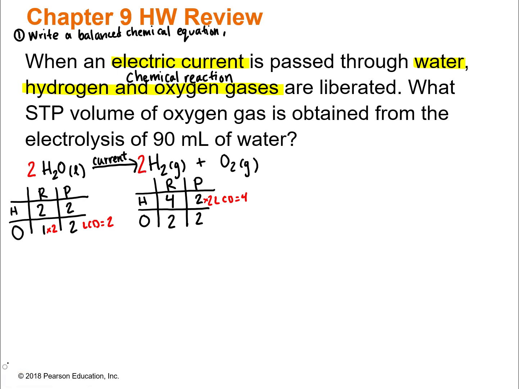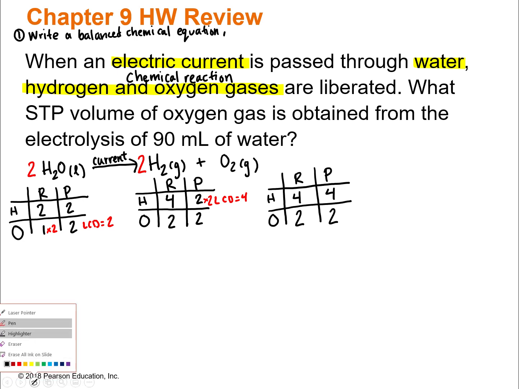And that should be the last thing that we need to do to balance this equation. So now we've done that. We have a balanced chemical equation.